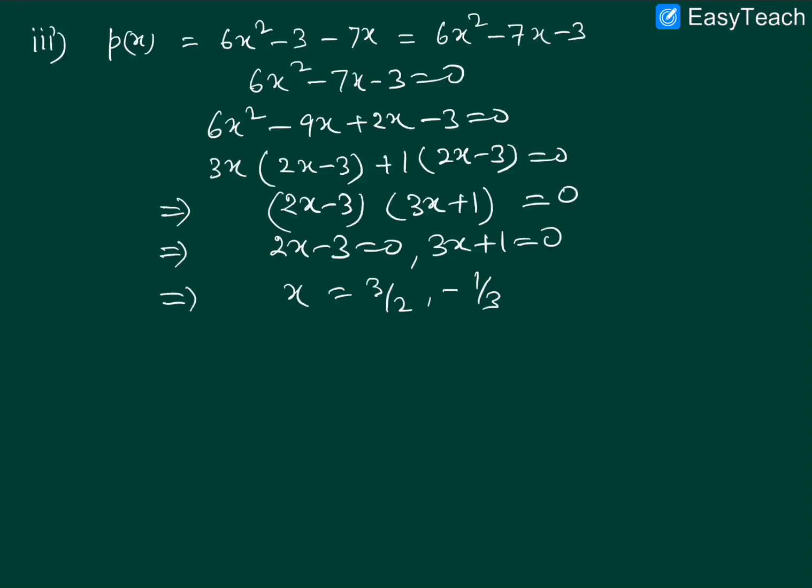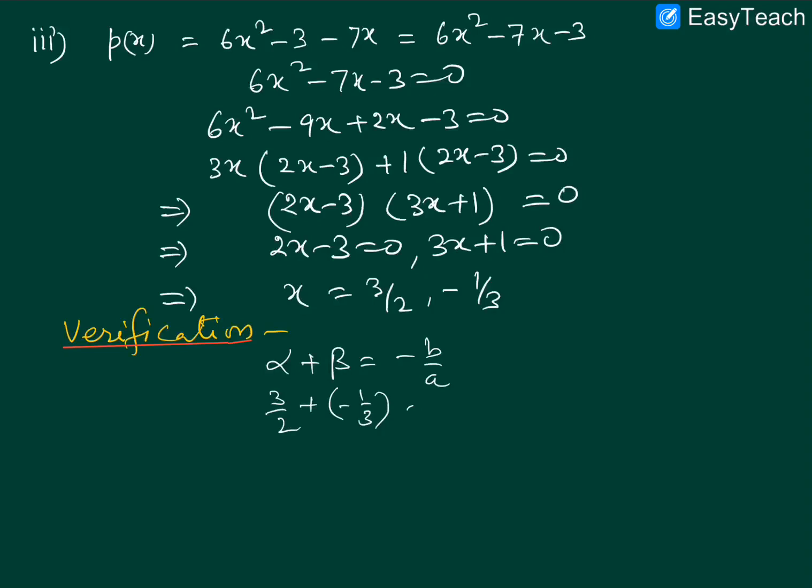Now, verification of the relationship between zeros and coefficients. Sum of zeros, that is alpha plus beta, is equal to minus b by a. Here alpha is 3 by 2 and beta is minus 1 by 3, and the value of b is minus 7.